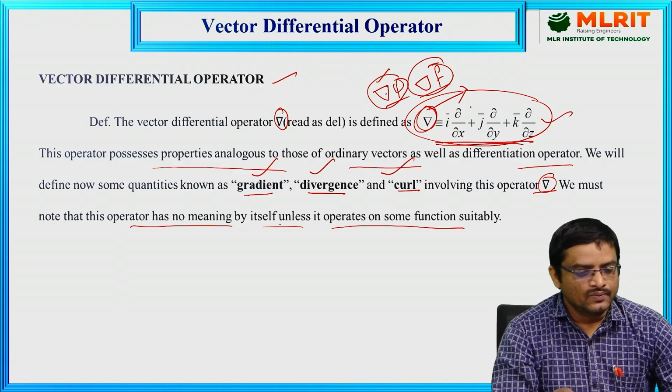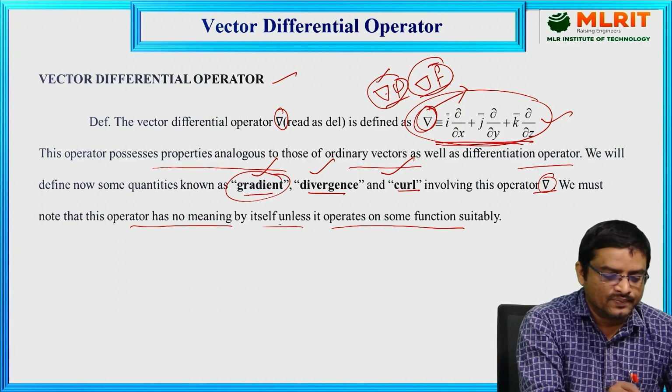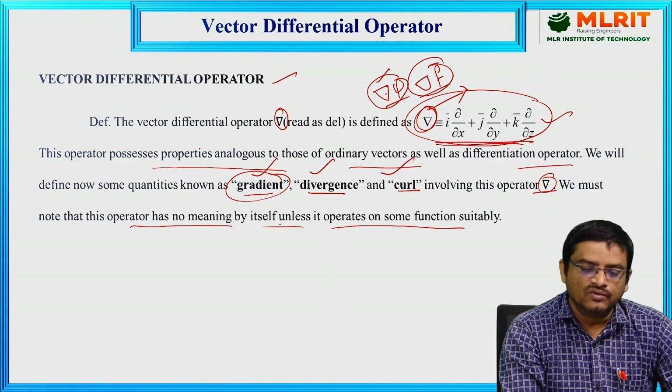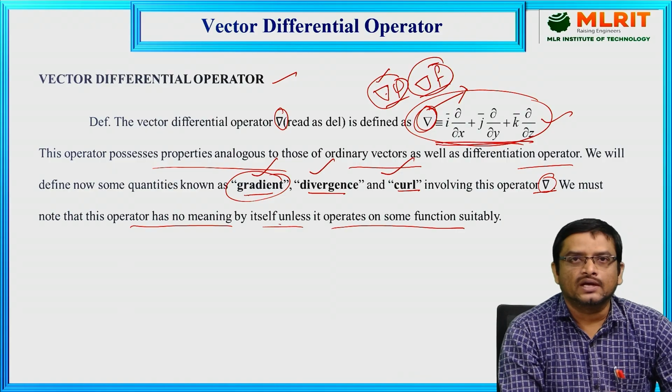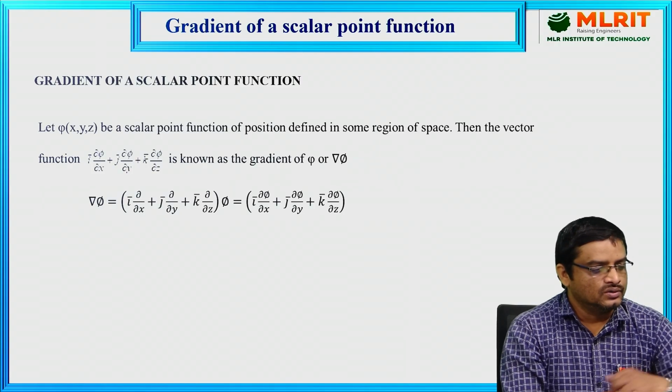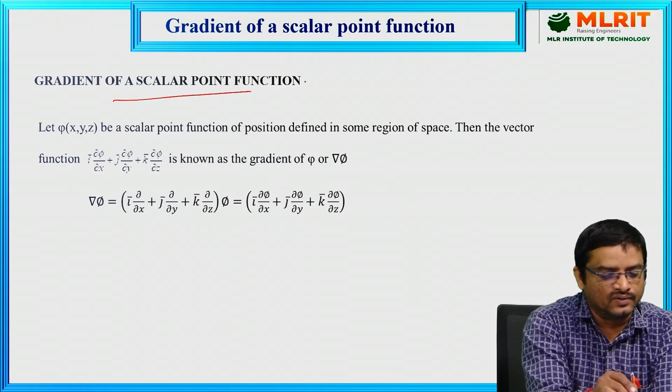Now one by one, first concentrate on the gradient. What is the use of this gradient? How can you find the gradient of a scalar point function? We will discuss this in this video. Now, gradient of a scalar point function.